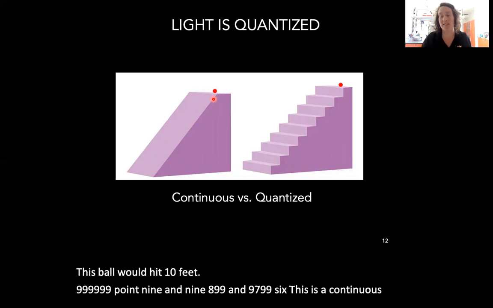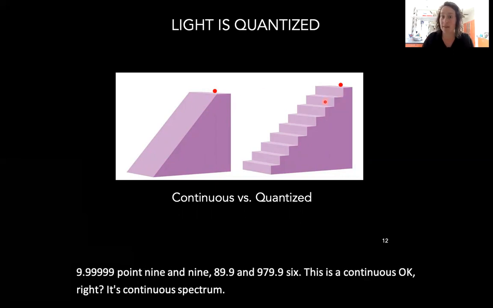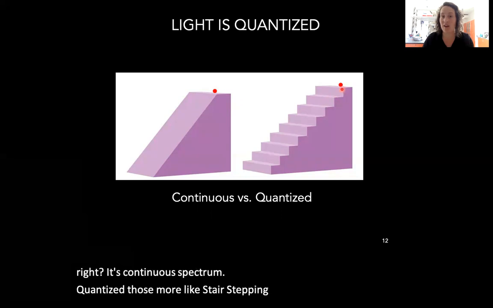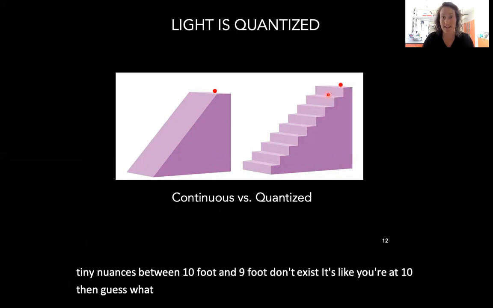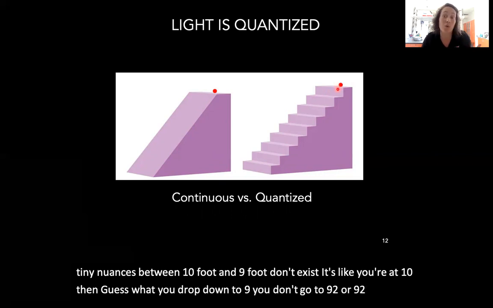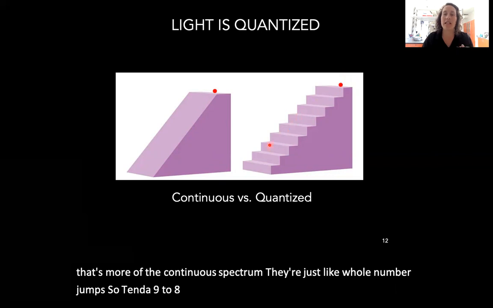Quantized, though, is more like stair stepping. All those little tiny nuances between 10 foot and 9 foot don't exist. You're at 10, then guess what? You drop down to 9. You don't go to 9.2 or 9.21 or 9.1117. That's more of the continuous spectrum. They're just whole number jumps. So 10 to 9 to 8 to 7 to 6 to 5 to 4 to 3 to 2 to 1 to 0, period.